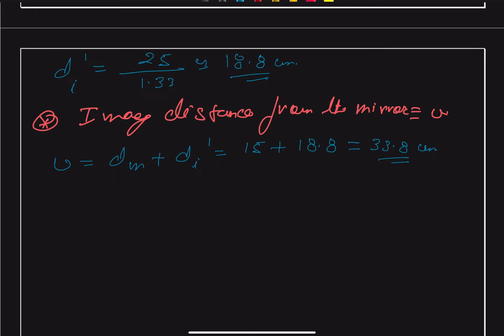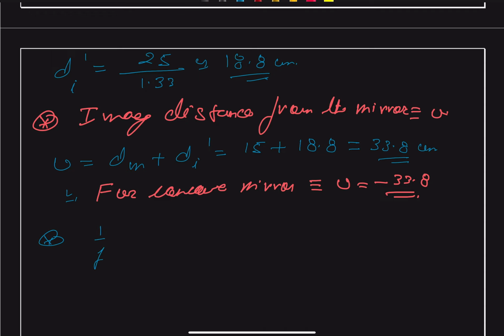And this is a concave mirror. So therefore, for a concave mirror, we can write V will be equal to minus 33.8. Now we are going to use the mirror formula to find out the focal length. That was our ultimately required.